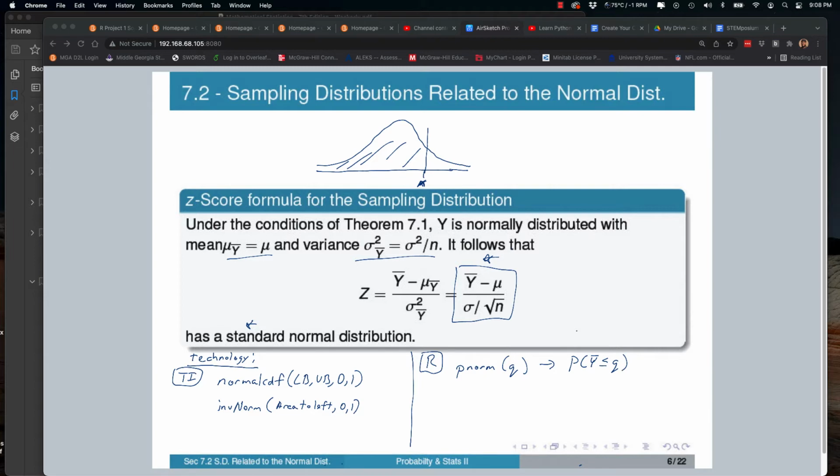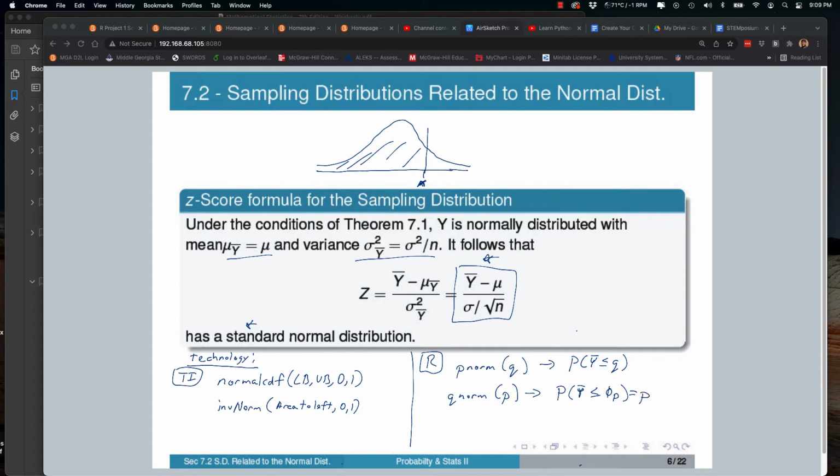The inverse of that is the quantile function qnorm, and you put in the probability you want, usually the probability to the left that you're interested in. Again, it assumes 0 and 1 is the mean and standard deviation, but it finds the value phi sub p such that the probability that y bar is less than or equal to phi sub p equals p.